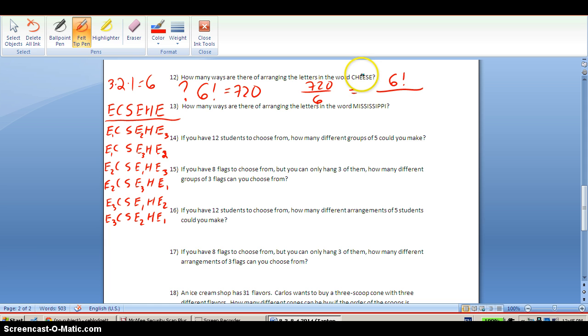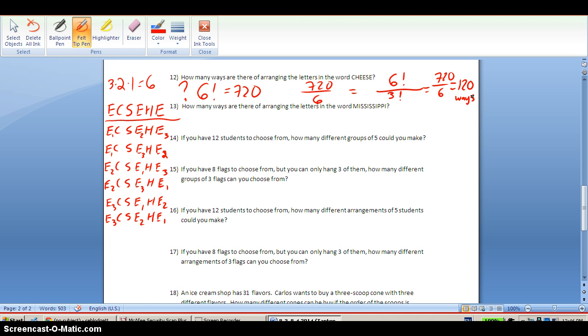So we need to get rid of those. Then we're going to have 720 divided by 6, and that gives us 120 ways of arranging the word cheese.